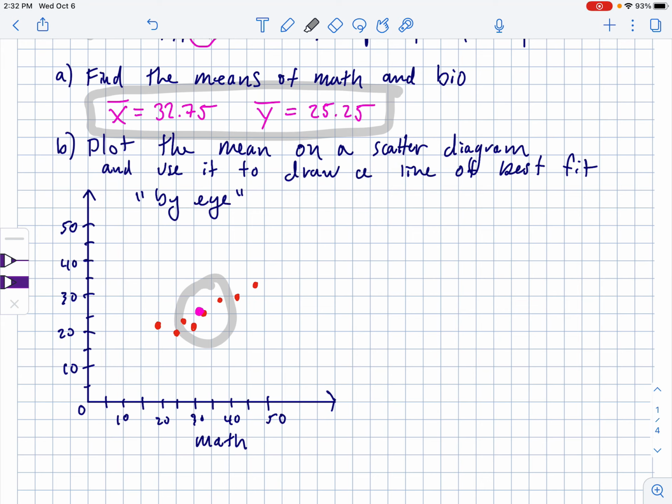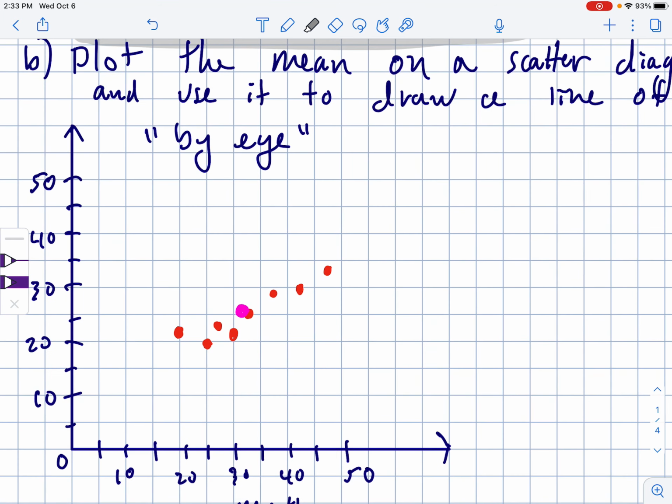The by-eye method is like trying to draw a line that goes through this mean point and separates the data, so about half of the data is on top and half is below. So let's see if I can do one by eye. Nope, that's not it. How about this? Yeah, something like that.